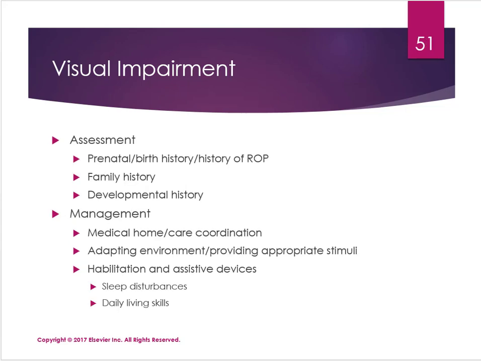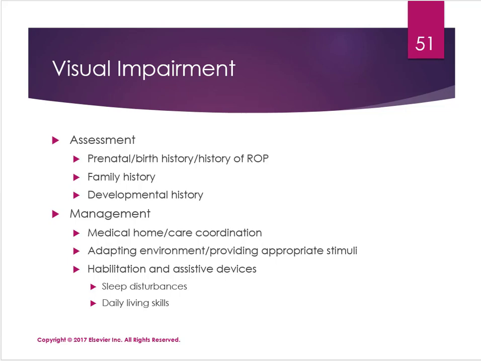In your assessment, it's important to get a good history. You're wanting to know as much as possible about the prenatal history, their birth history, any history of retinopathy of prematurity. You're wanting to know family history, developmental history for the child. In the management, you're wanting to help promote care coordination. It's important to adapt the environment and provide appropriate stimuli for the child.